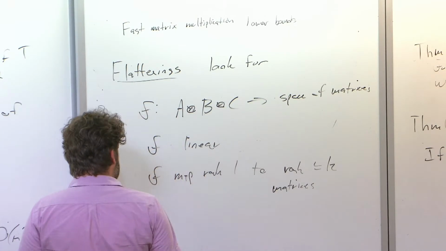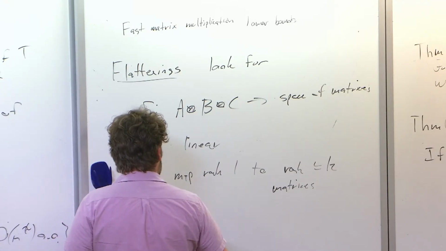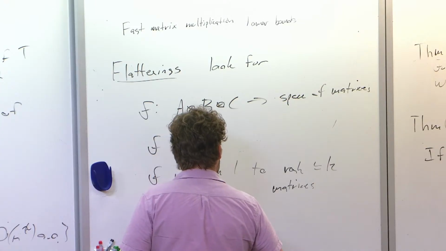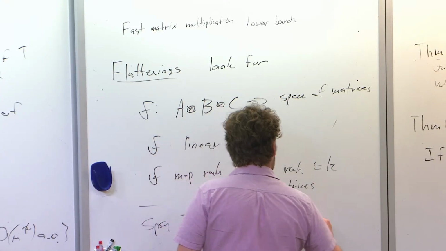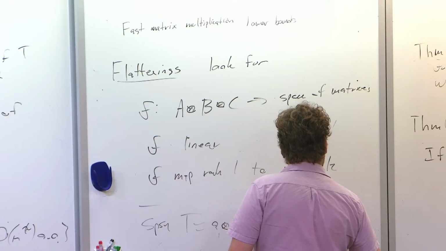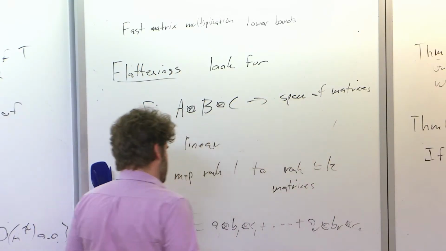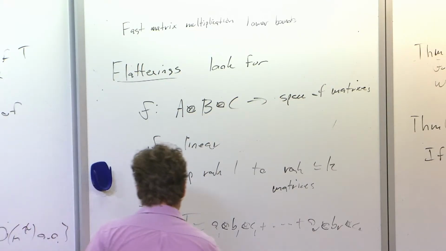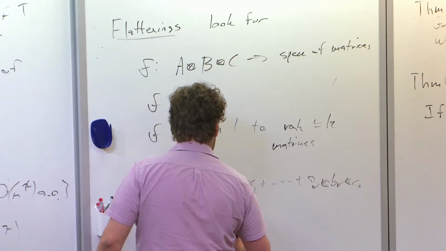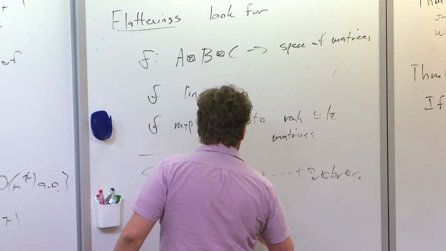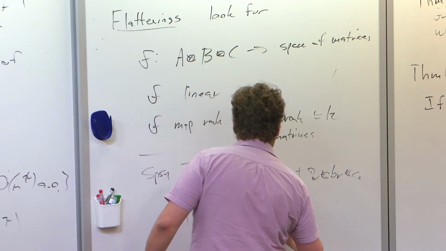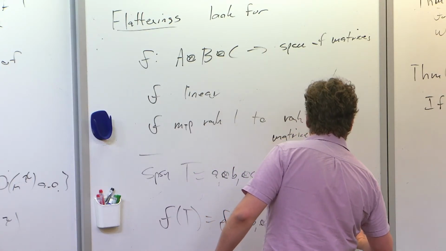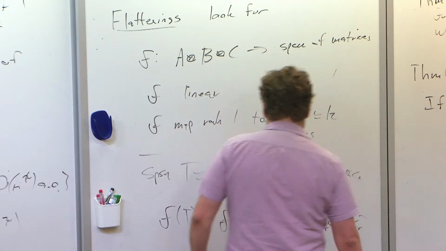Let's consider the following. Suppose T has rank at most R. Maybe I have a rank R decomposition for it. Let me apply my flattening map and use linearity. So F(T) is F(A1 tensor B1 tensor C1) plus and so on plus F(AR tensor BR tensor CR).